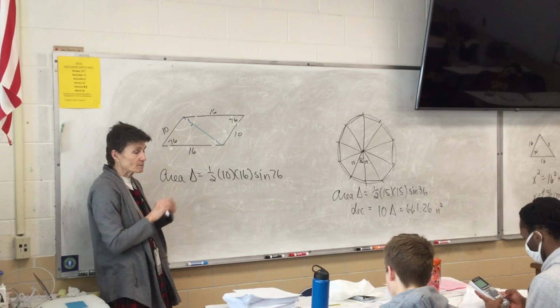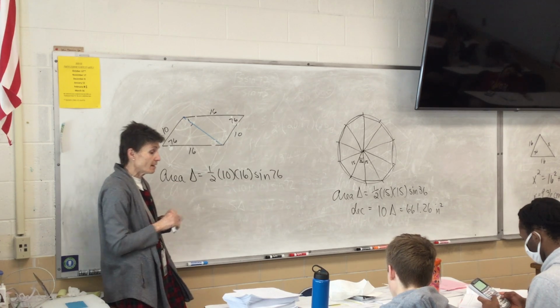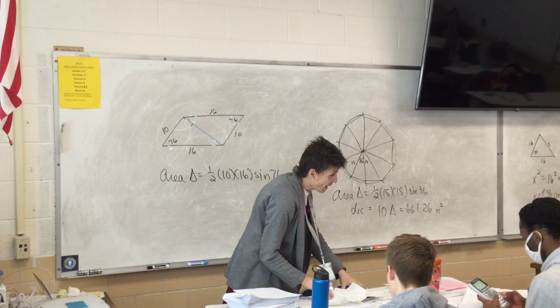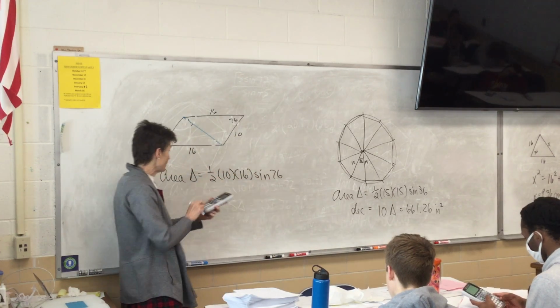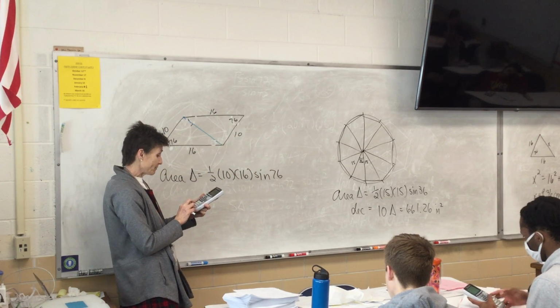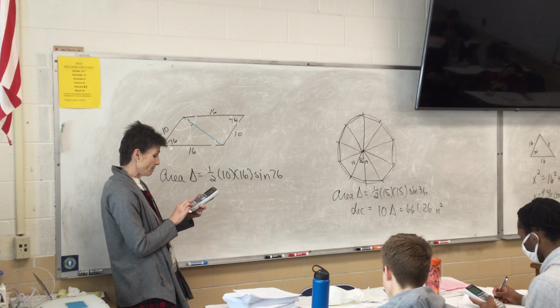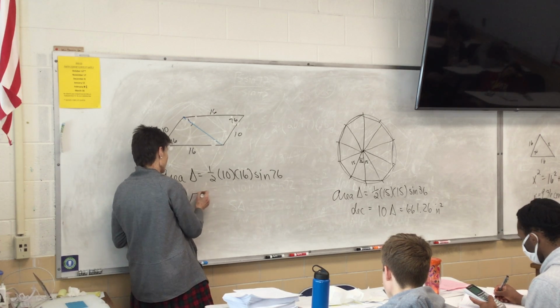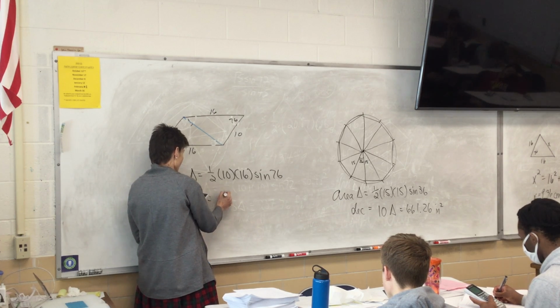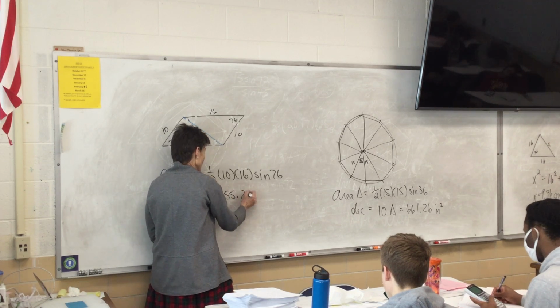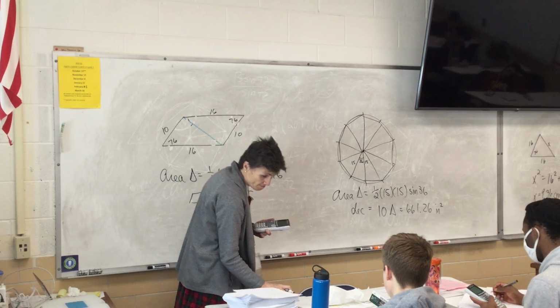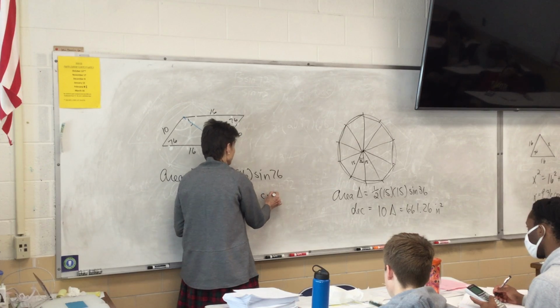It doesn't matter. Split it however you're comfortable splitting it. Just remember though, that after you type that in, whichever one you do, you have to multiply it by 2, because the whole parallelogram is 2 triangles, right? So that's 155.25 square centimeters.